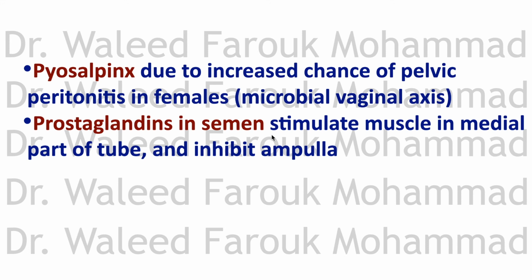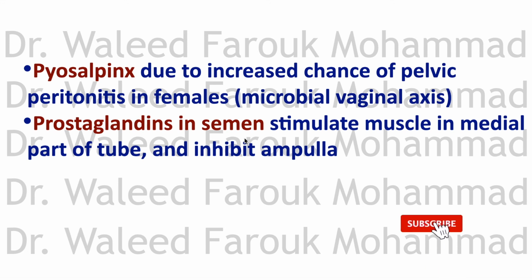So fertilization occurs in the ampulla, because the ampulla at the same time is inhibited by the prostaglandins present in semen. Okay, remember this, you will study this in physiology.